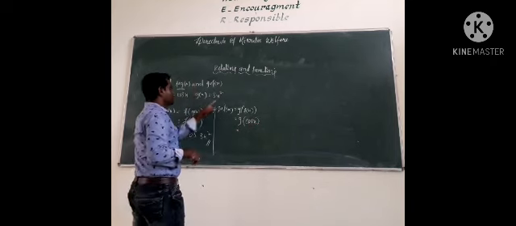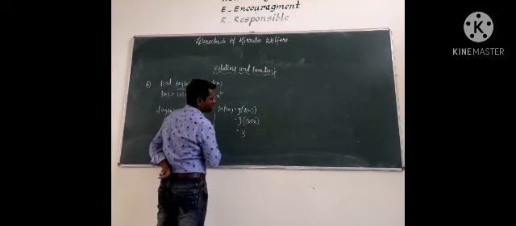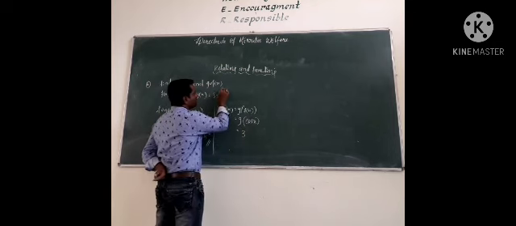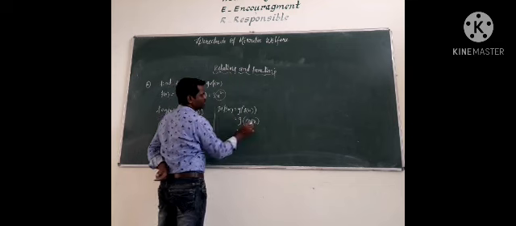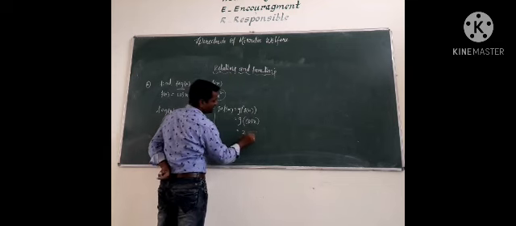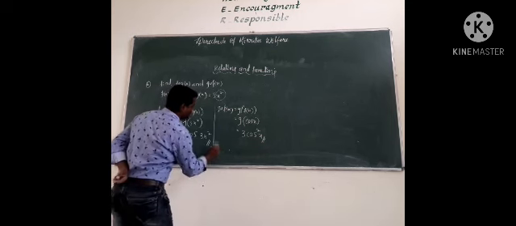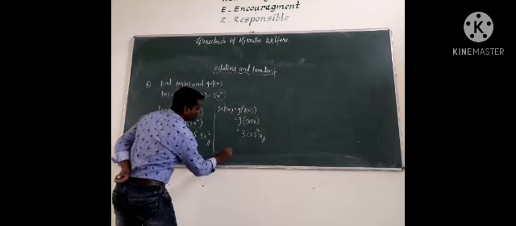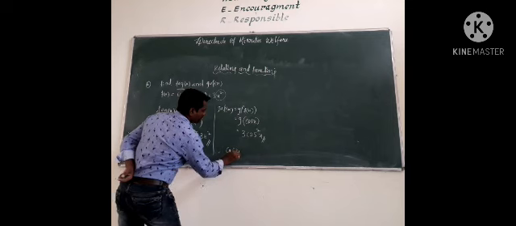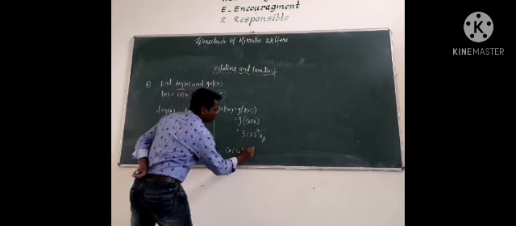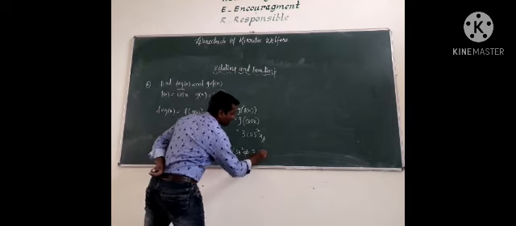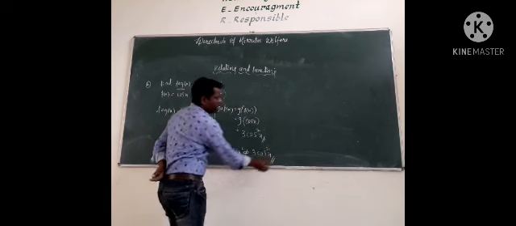G of x is given 3x square. 3 is same. You can replace this x by this whole term. That means cos square x. Now this is cos 3x square is not equal to 3 cos square x. Hence proved.